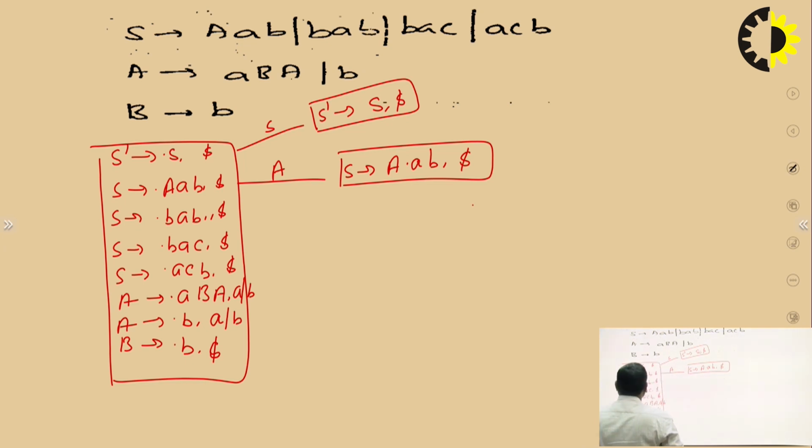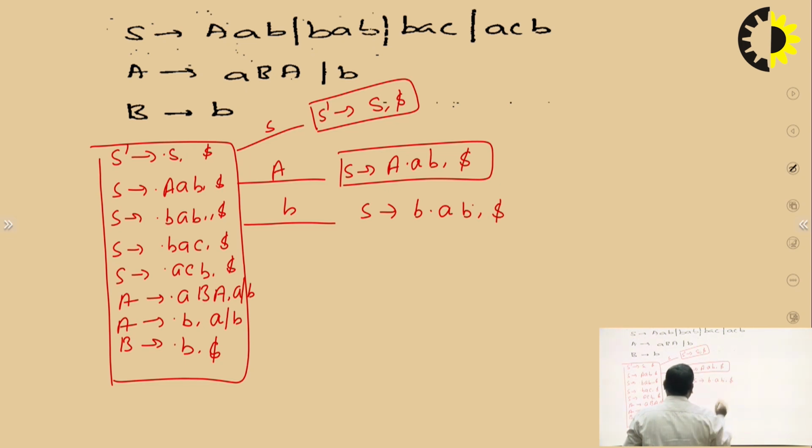Okay, and now B. S tends to B dot AB, and what is the look-ahead symbol? Dollar. No problem. S tends to B dot AC, and what is the look-ahead symbol? Dollar.